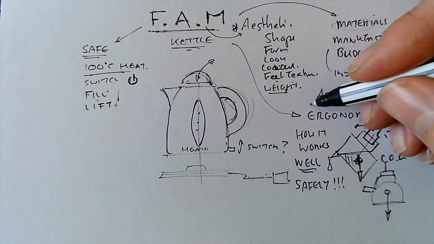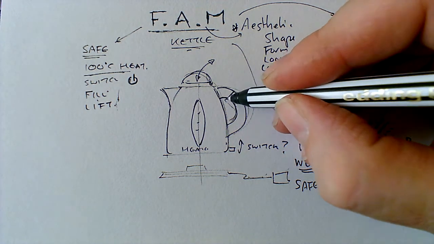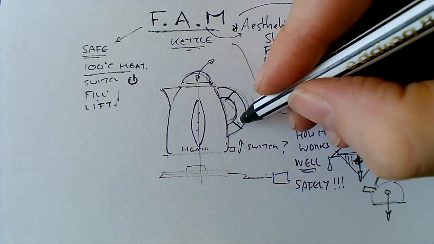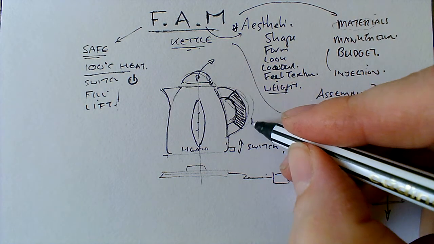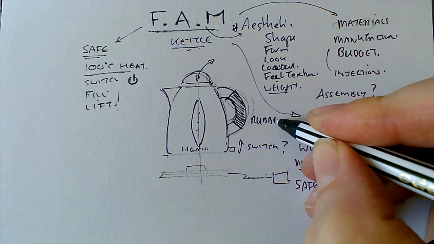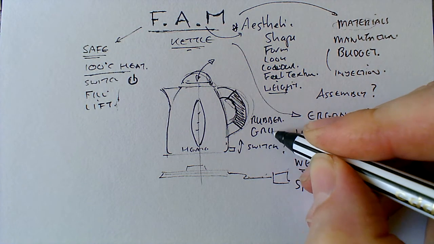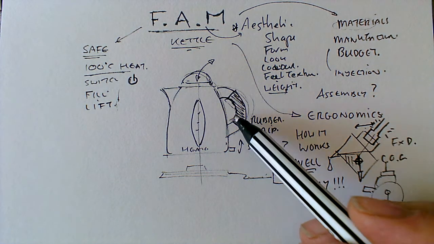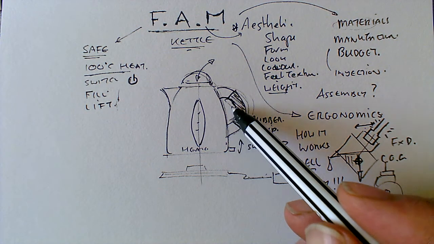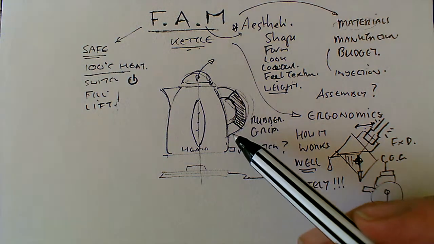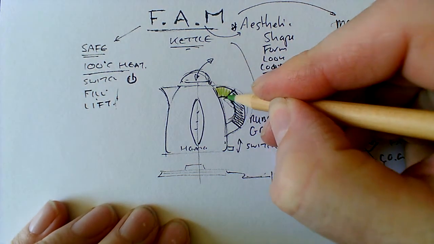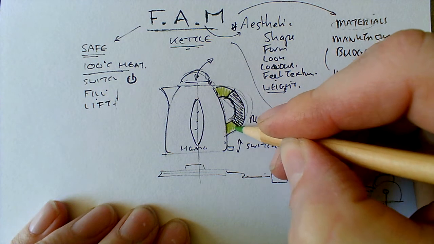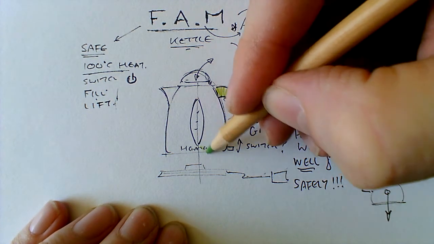And to some extent, ergonomics deals partly with these textures. If I'm going to make this safe and work well, perhaps I'm going to add a rubber grip here to make it safe. But also that's part of the look and the style of the kettle. I can maybe choose a nice set of colour. Let's have a nice lime green styling.